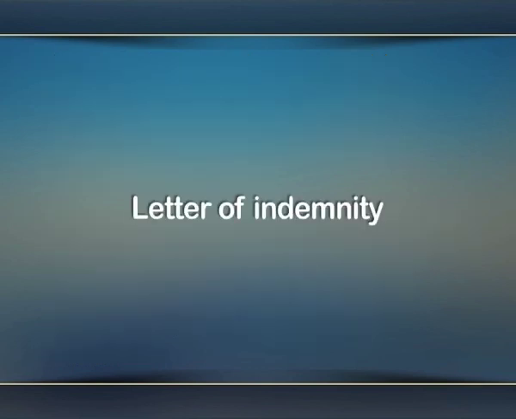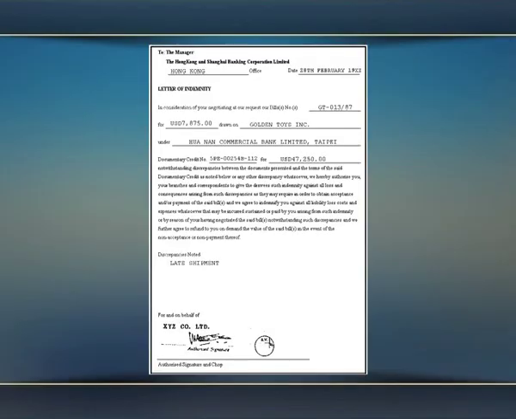Letter of indemnity. The exporter can get immediate payment from his bank on submission of documents by signing a letter of indemnity. By signing the letter of indemnity, the exporter undertakes to indemnify the bank in the event of non-receipt of payment from the importer, along with accrued interest.